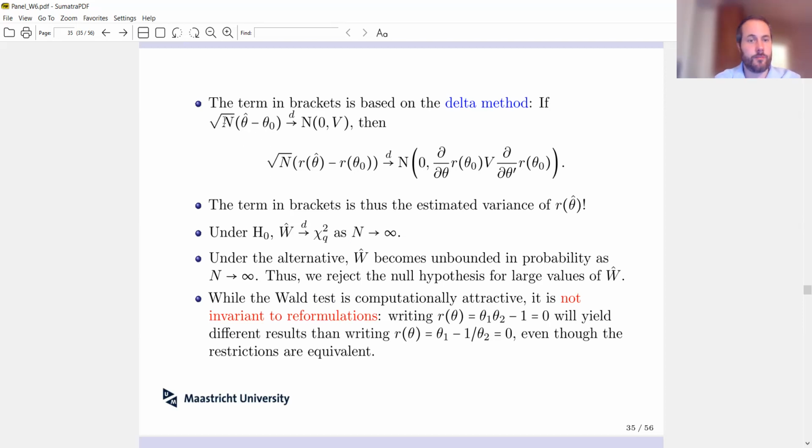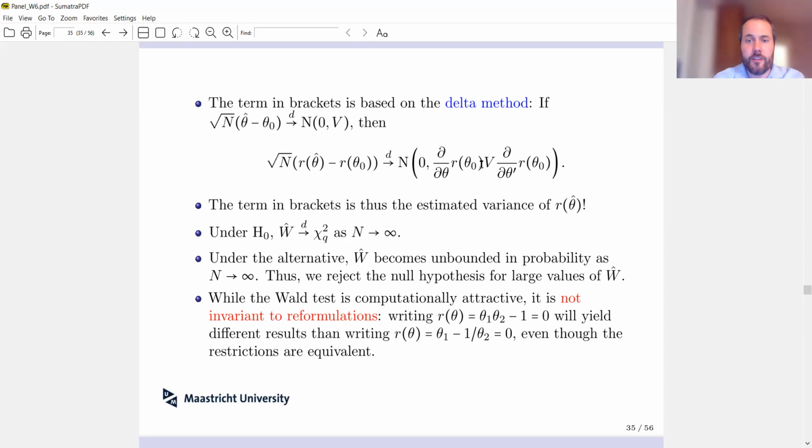For instance, here we have the original MLE. We know that it converges in distribution to a normal distribution with mean 0 and some variance B. If we take, instead of the original parameters, a function of these parameters, the delta method tells us that this still converges to a normal distribution. The mean is not changed here, but this is only because it was 0. In general, it may change.